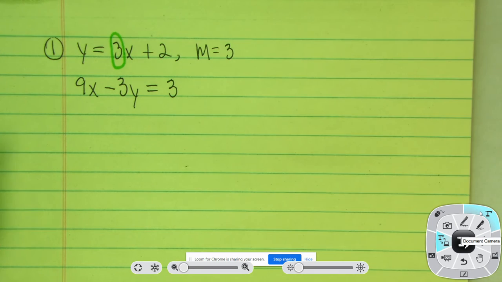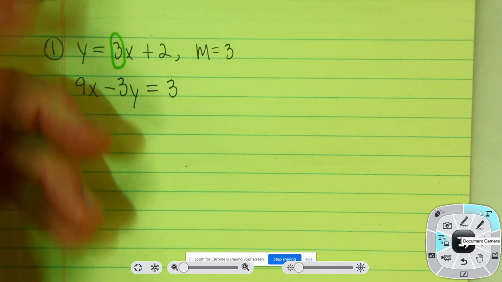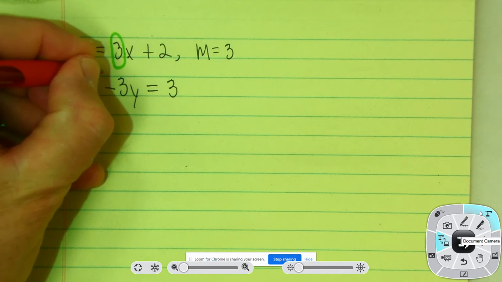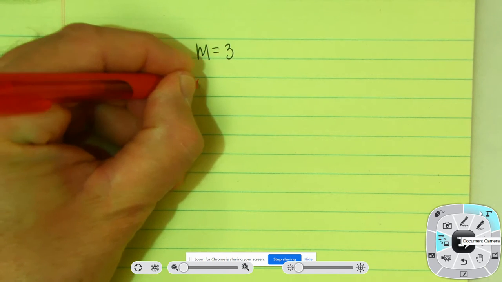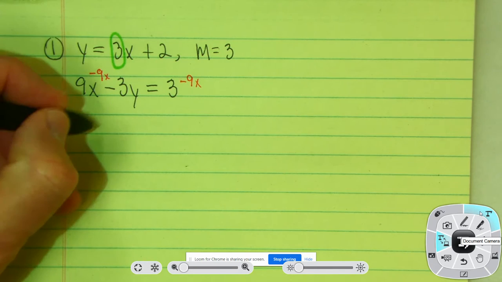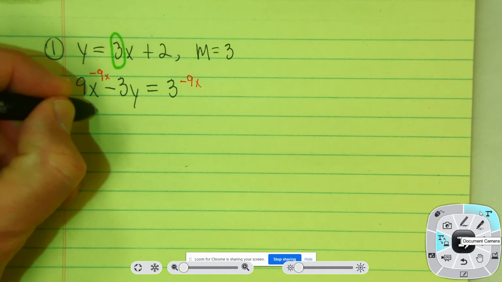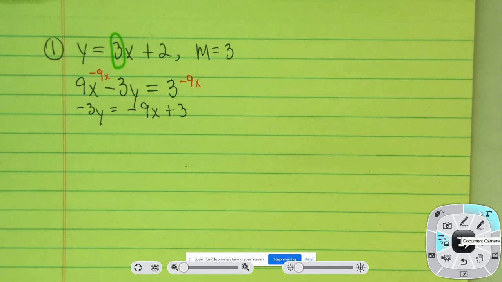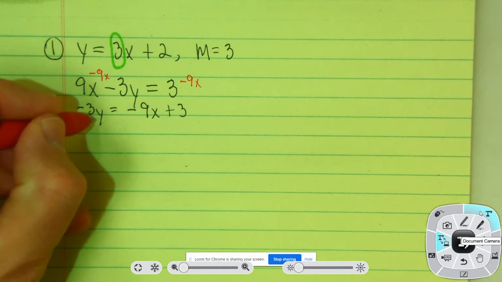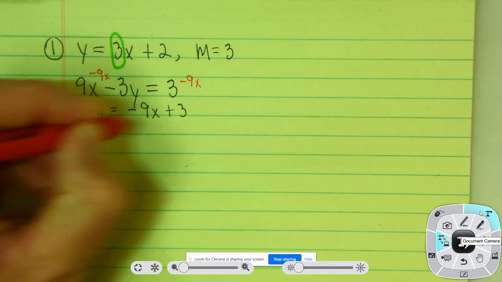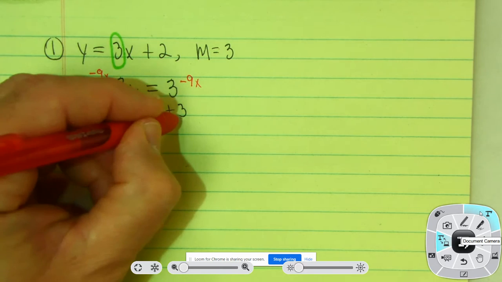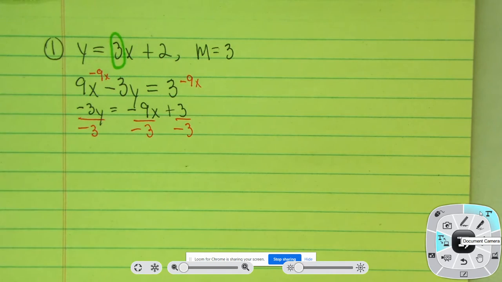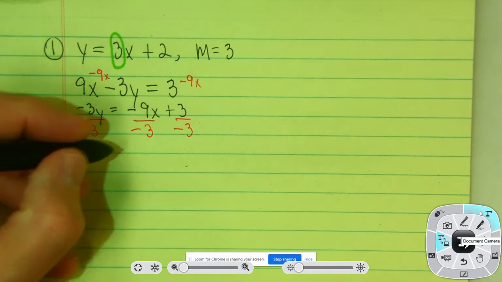In other words, I need to subtract 9x from both sides. So these two cancel out. I get negative 3y is equal to negative 9x plus 3. Then if I divide everything by negative 3, I can isolate the y, which is what I want to have happen, and it'll be in slope-intercept form.